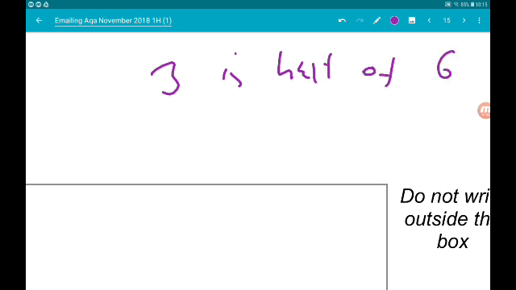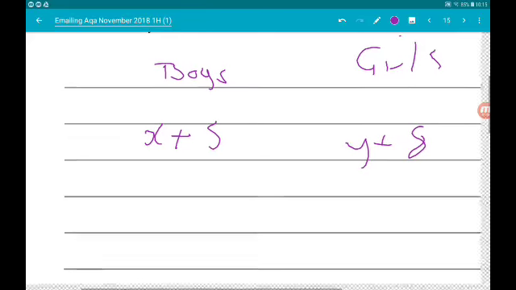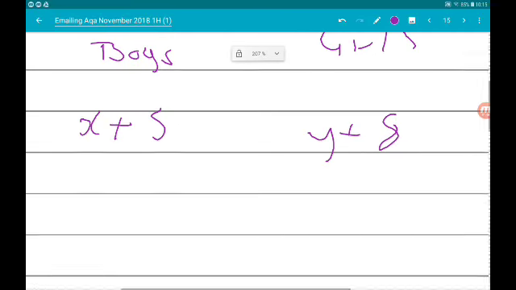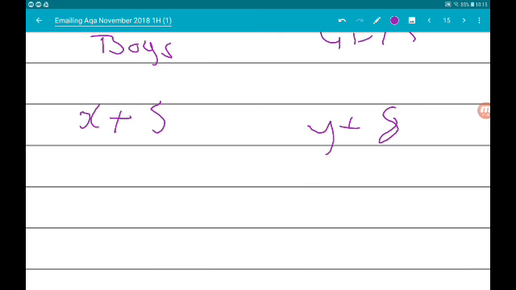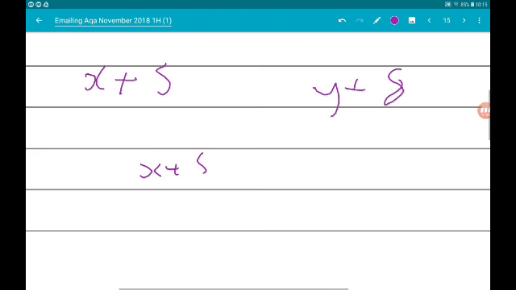Hopefully not big news. So we can say 3 is 1/2 times 6. So if we know the number of boys, x add 5, is half the number of girls, we can say that x add 5 is 1/2 of y plus 8.